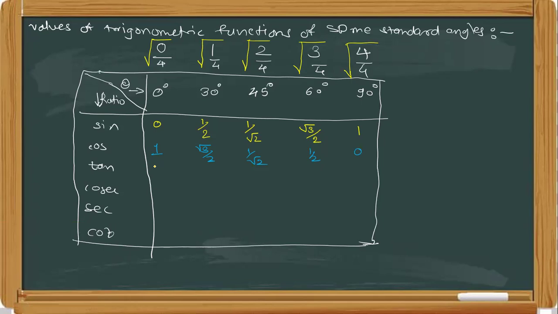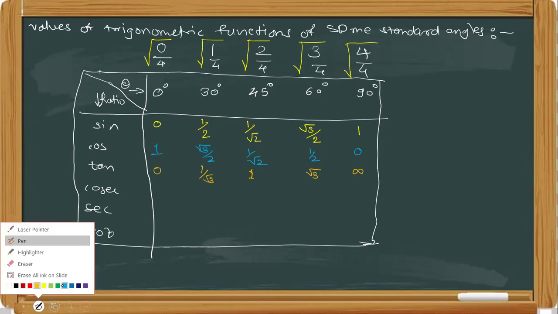Divide sine by cos. That means 0 upon 1 is 0. 1 upon 2 divided by root 3 upon 2 will be 1 upon root 3. 1 upon root 2 divided by 1 upon root 2 will be 1 only. Then root 3 by 2 divided by 1 by 2 will be root 3. And 1 upon 0 is not defined.